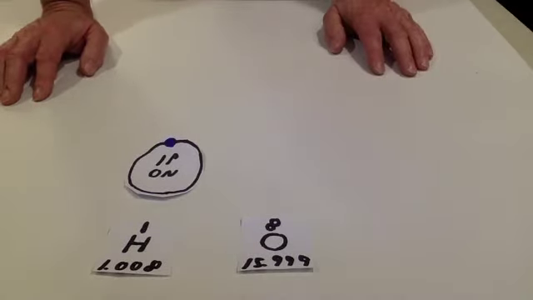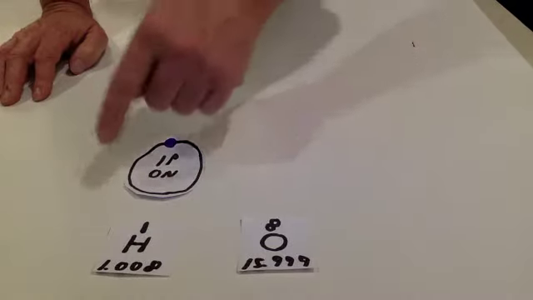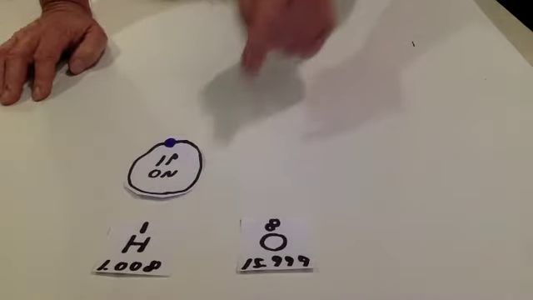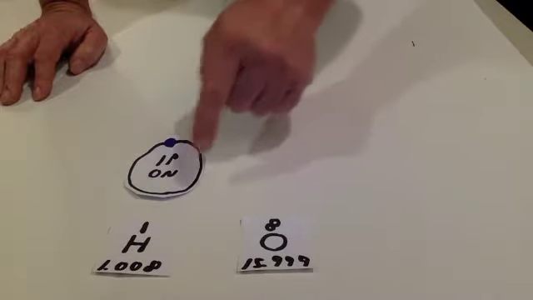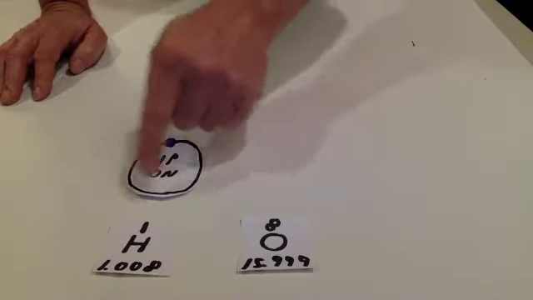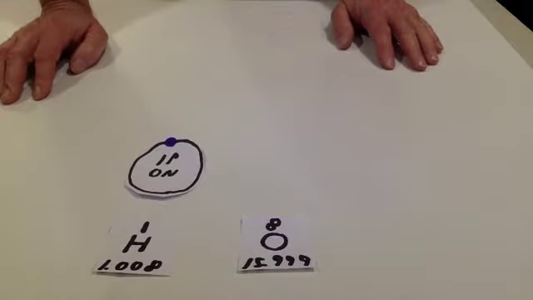So the question is, is hydrogen a stable atom? And of course the answer is no, because to be stable it must have a full outer shell. And its first shell, its only shell, is its outer shell, has 1 electron.